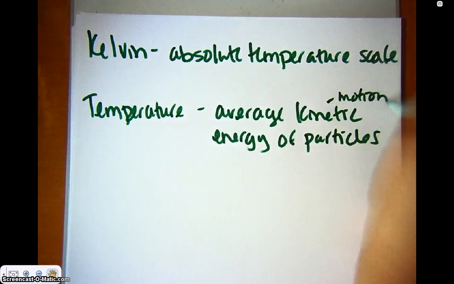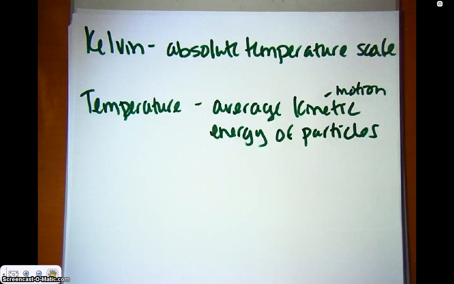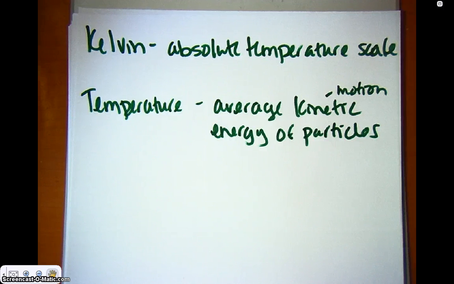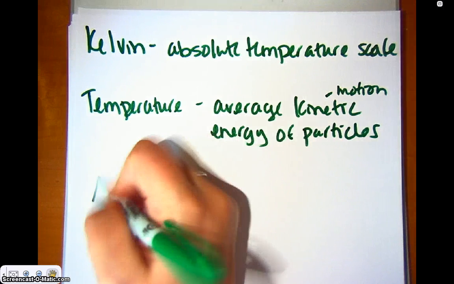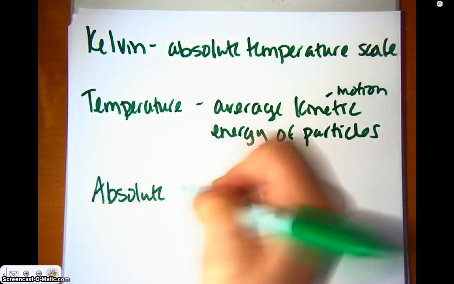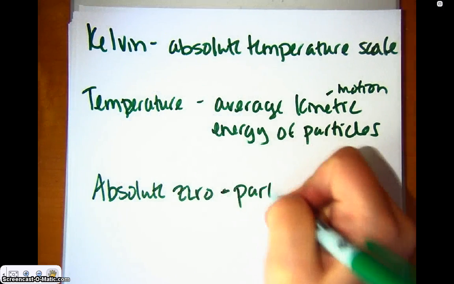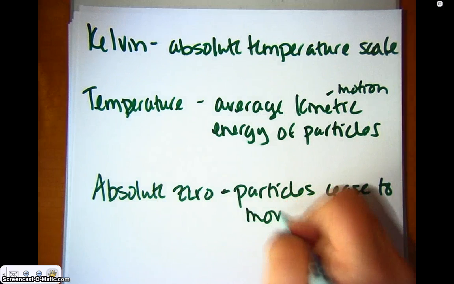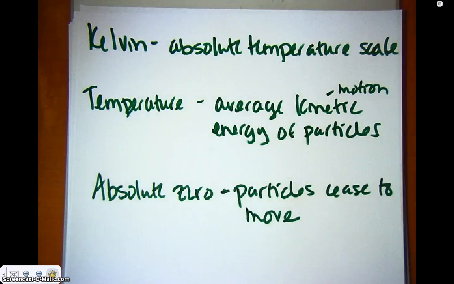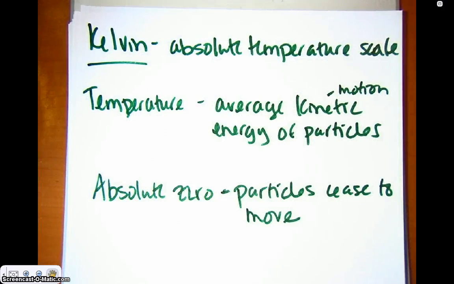So it's basically the average amount of motion of the particles, and it's directly proportional to the Kelvin temperature scale. Kelvin has a temperature called absolute zero, which is when particles cease to move.